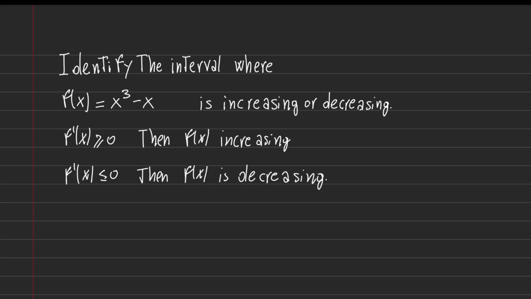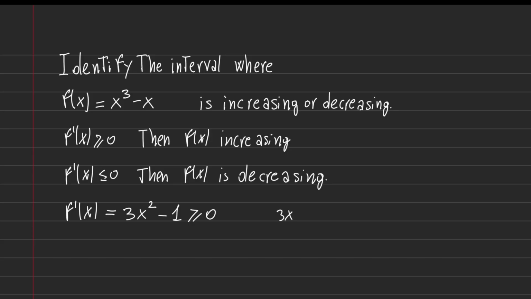For this reason, we first compute the derivative, f prime of x equal to 3x squared minus 1. And now we wonder when this function is bigger than or equal to 0. So this is a quadratic equation, and we can easily find the solution.